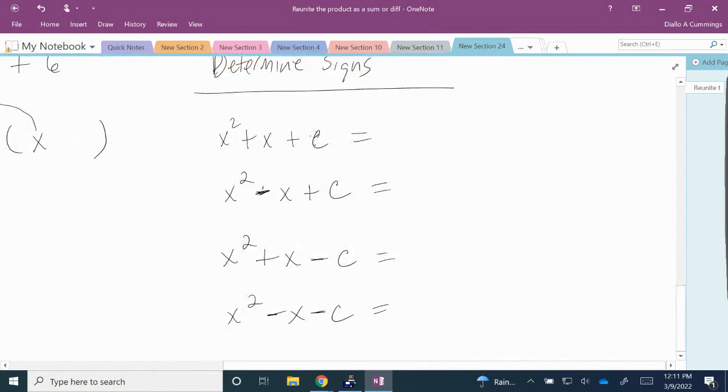All right, so basically these would be your setups, and I have all the different possible combinations. And this is how you determine your signs.